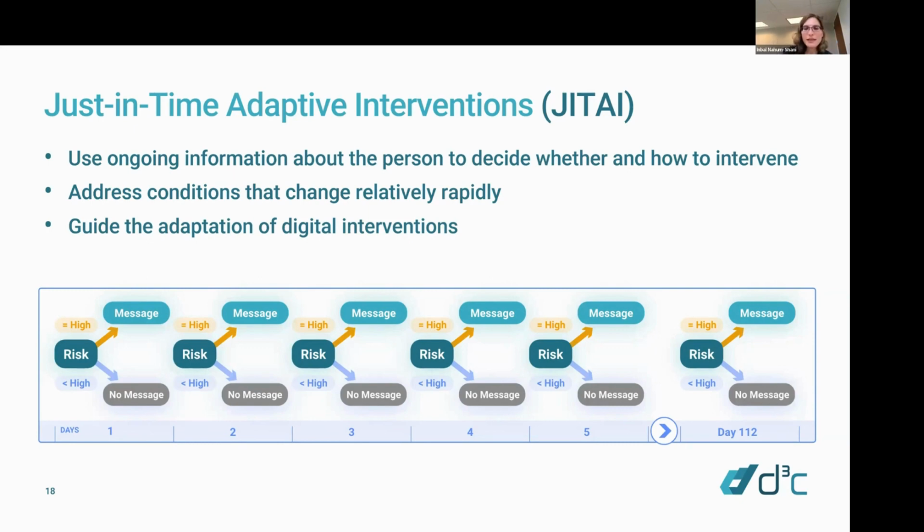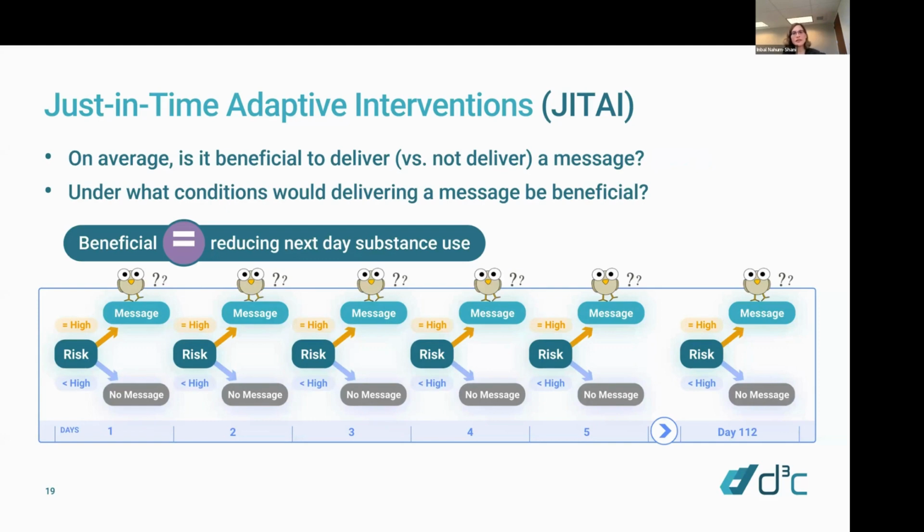All right, nice and easy, but again, in many cases, we investigators have scientific questions about how to best construct JITAIs. And again, I want to share with you two questions that I have about how to construct this JITAI. The first question is about the general effectiveness of a daily message with a protective behavioral strategy.